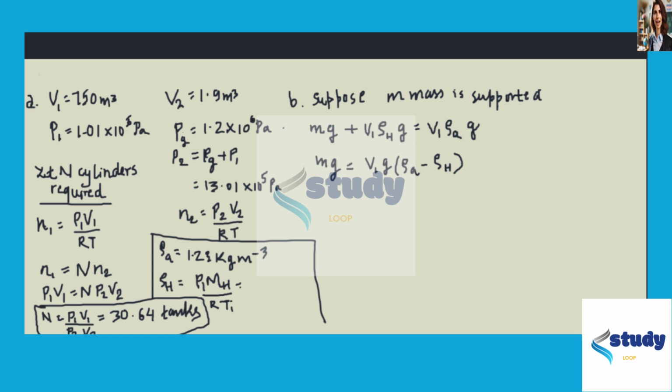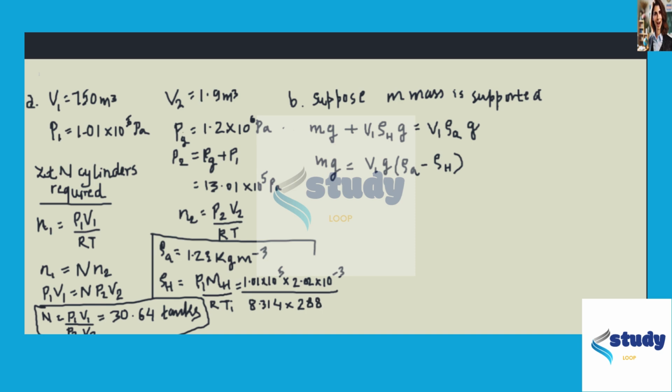If you substitute the values, 1.01 into 10 to the power 5, the mass of hydrogen is 2.02 into 10 to the power minus 3, upon 8.314 into the temperature, which is 15 degrees Celsius, so 288 Kelvin.